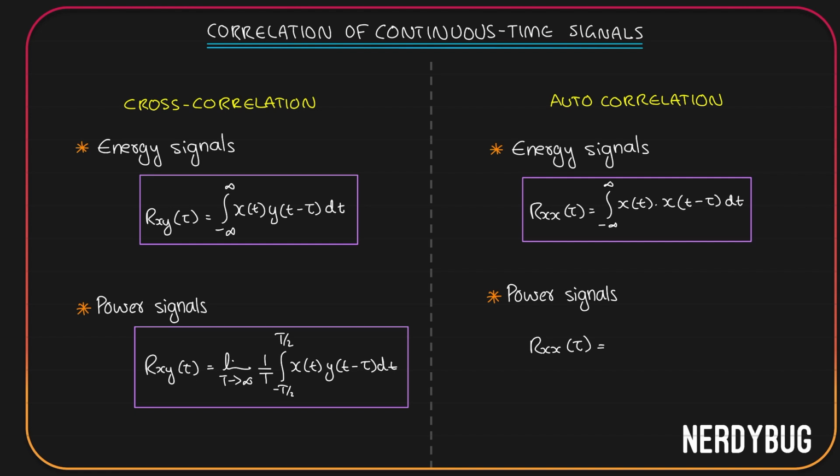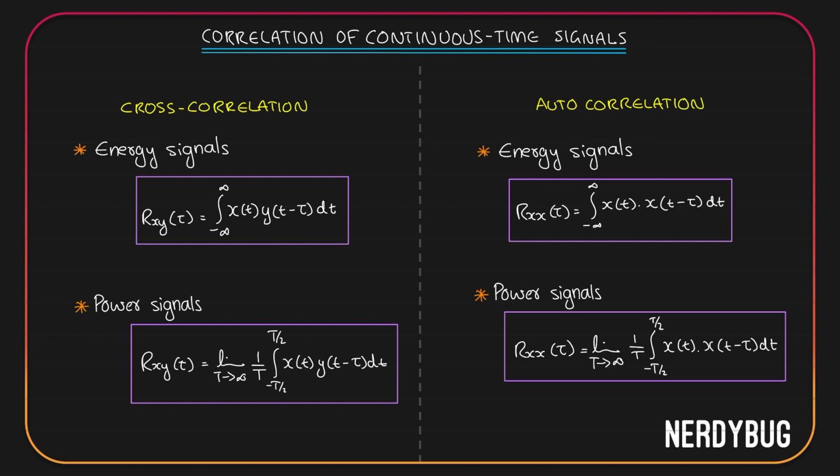Rx of tau will be like this: limit t tends to infinity 1 by t integral from minus t by 2 to t by 2 x of t x of t minus tau dt. These equations kind of remind us of convolution, right?